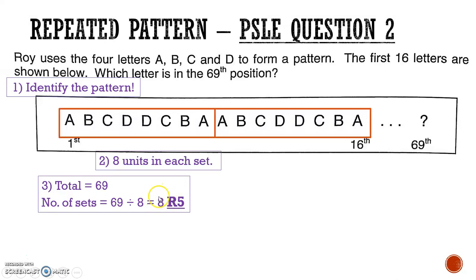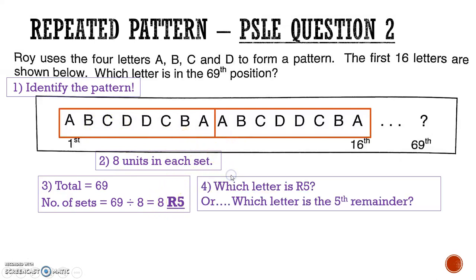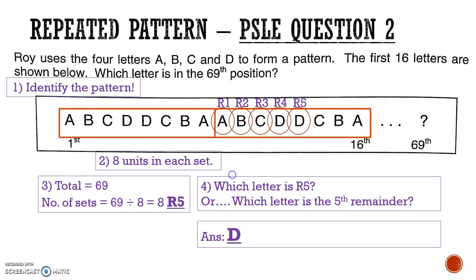What this means is there are 8 sets of 8 units, and then after that you have 5 remainders. Which letter is the 5th remainder? This is remainder 1, remainder 2, remainder 3, remainder 4, remainder 5. So the answer is D. Did you get this right?